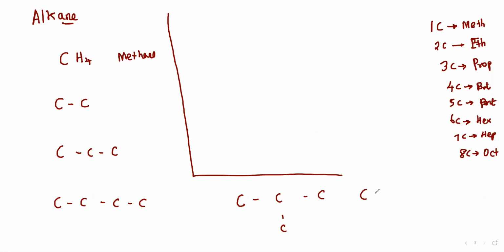And for 5 carbons, it is C, C, C, C, C, or else 4 carbons in one chain and one branched carbon like this, or else 2 carbons can be in the branched form.